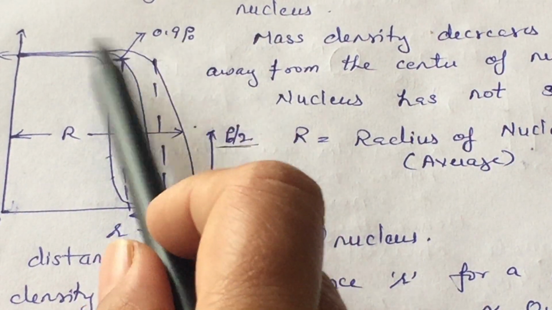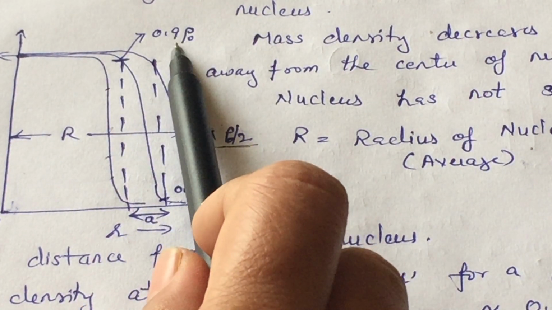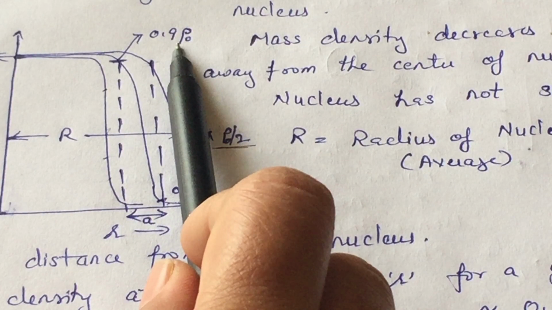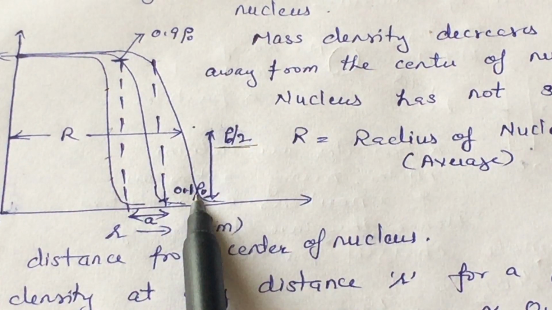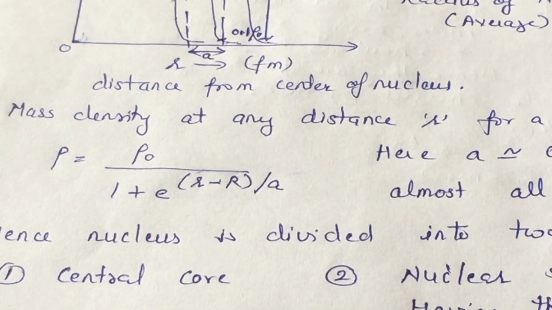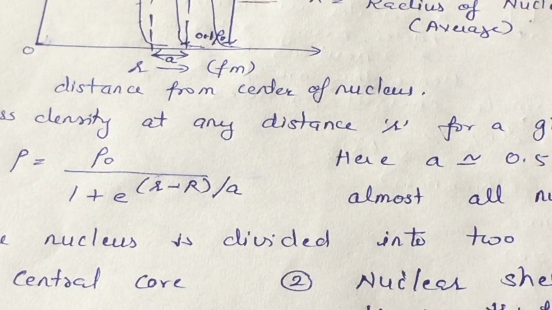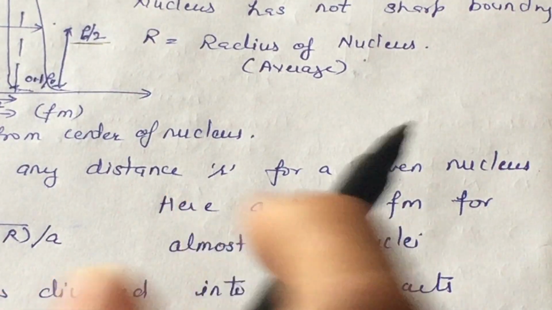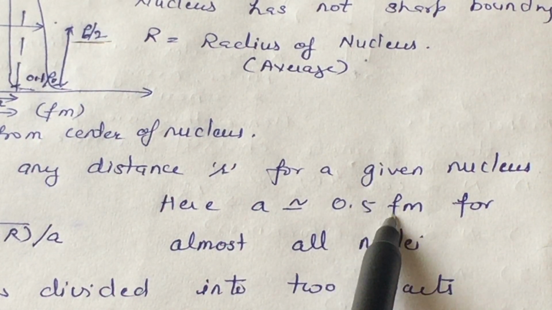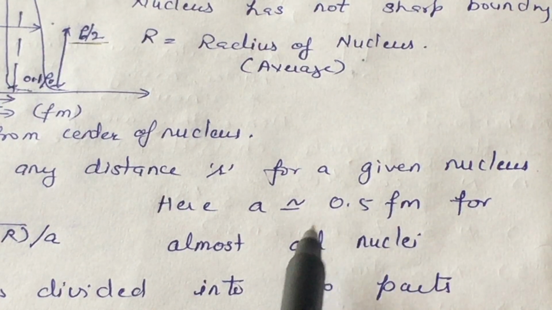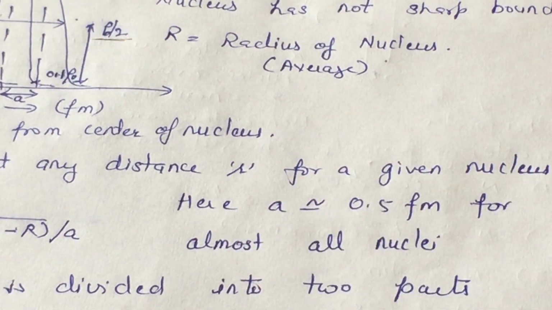It is approximately 0.5 Fermi meter, or 0.5 into 10 raised to power minus 15 meter, for almost all nuclei.